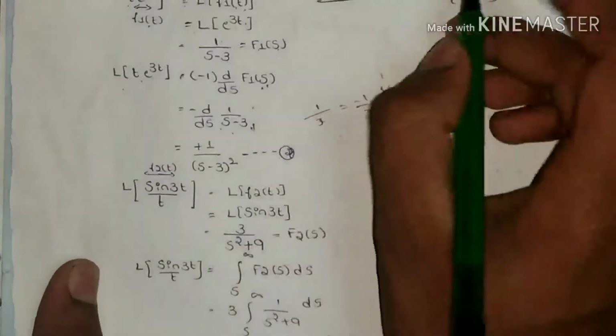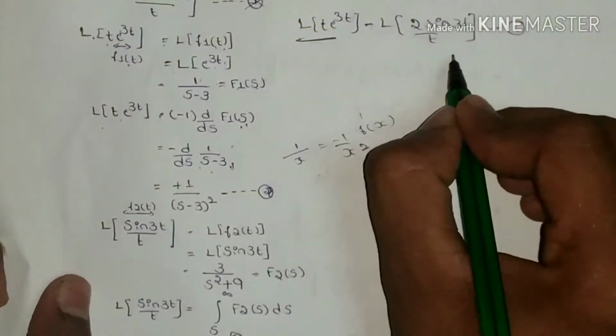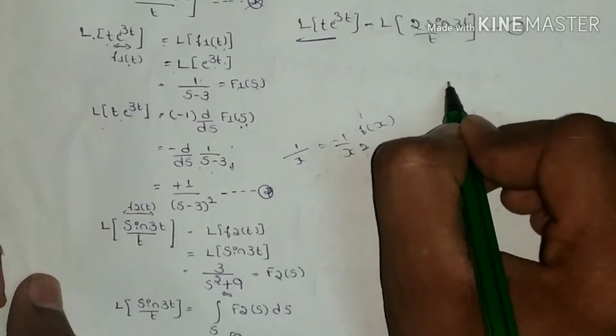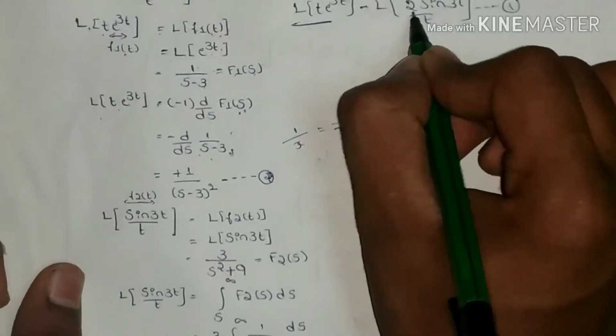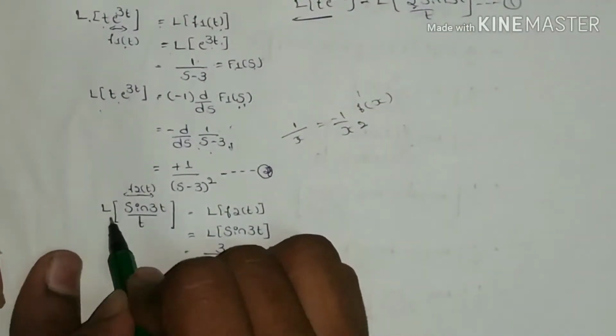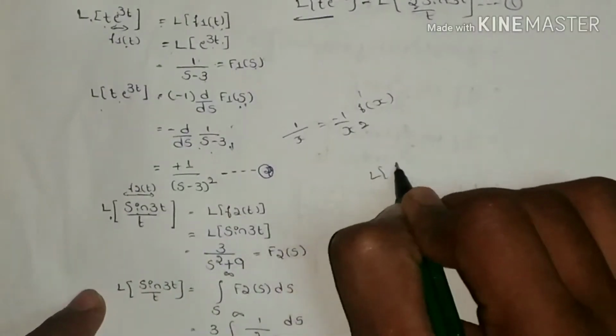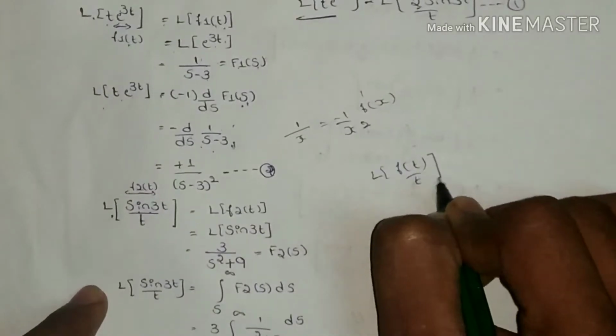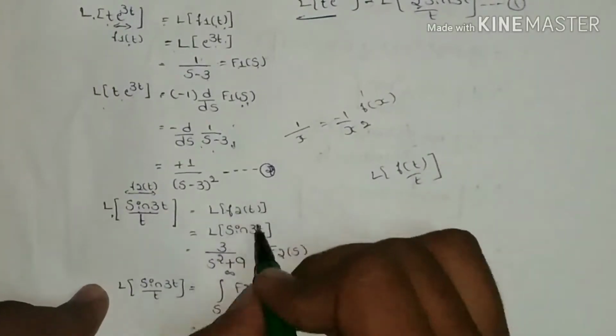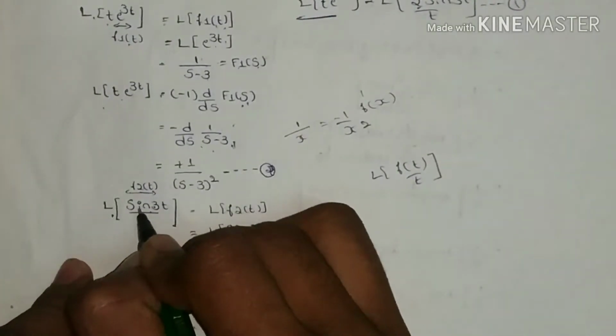That is called equation 2. And consider the other term, that is Laplace transform of 2 into sin 3t divided by t. 2 is a constant and we take it outside, so it becomes Laplace transform of sin 3t divided by t. It is in the form of the third property, that is Laplace transform of f of t divided by t. Here what is f of t? Sin 3t.